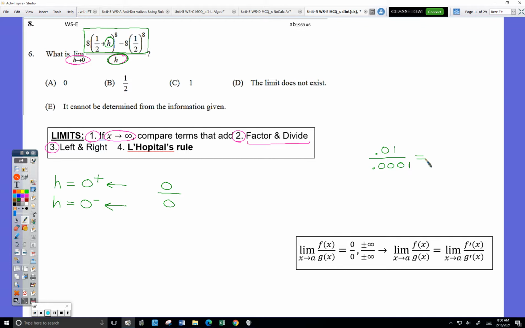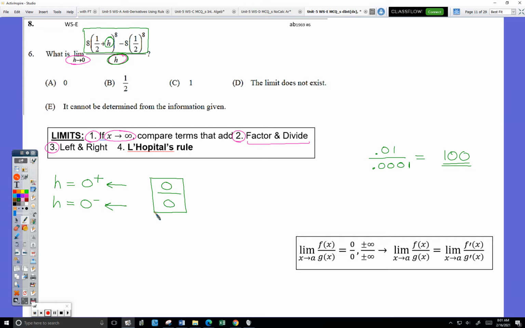Both of those decimals are close to 0. But the top is 100 times bigger than the bottom. So that's 100. That's not close to 0 at all. So when you get close to 0 divided by close to 0, be careful to never think that's 1. You don't know what it is. We want to talk more about that.